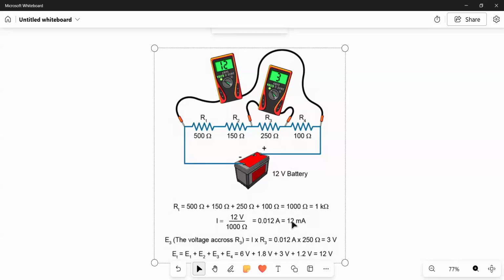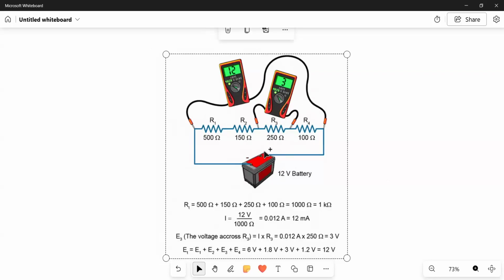Good. So notice these meters here. If we were to measure the voltage across all the resistors, it will be the 12 volts that you see, the same as the battery.